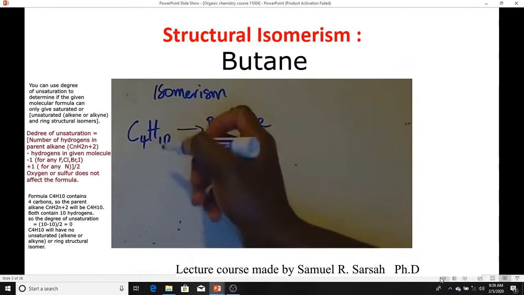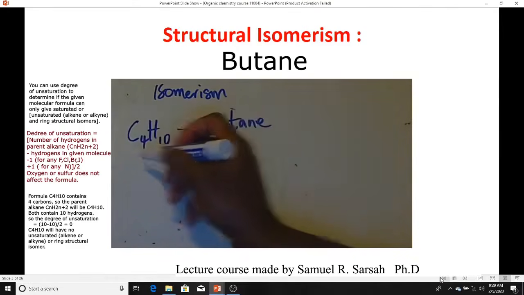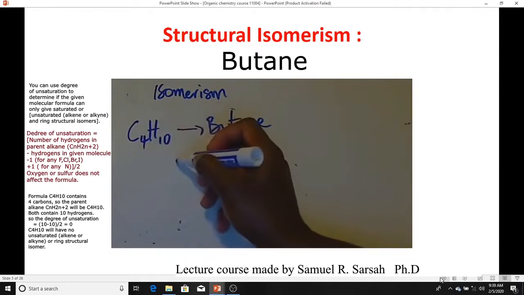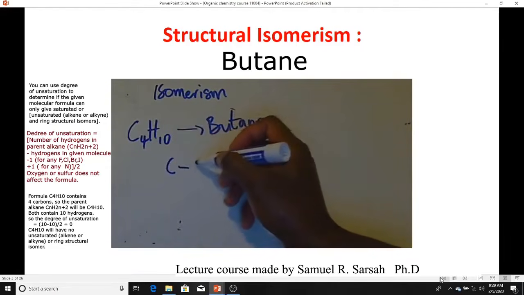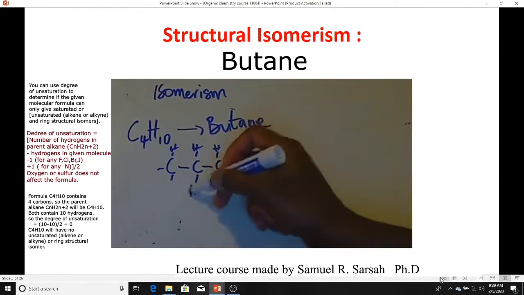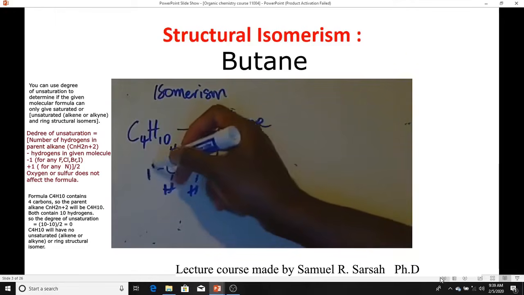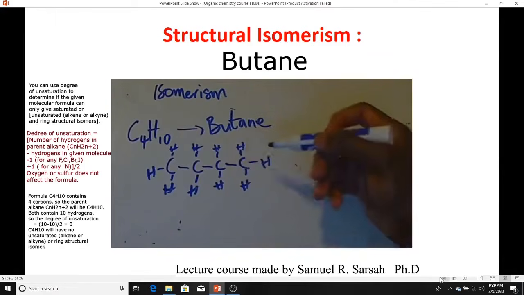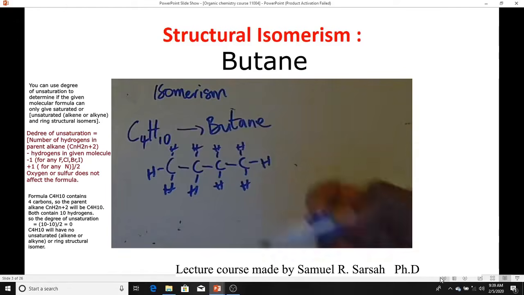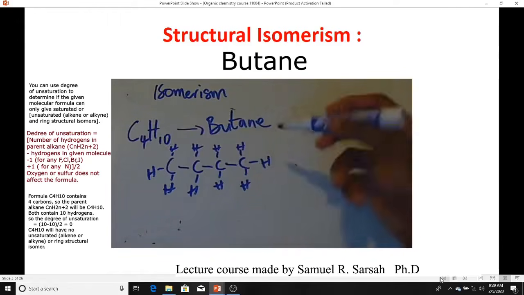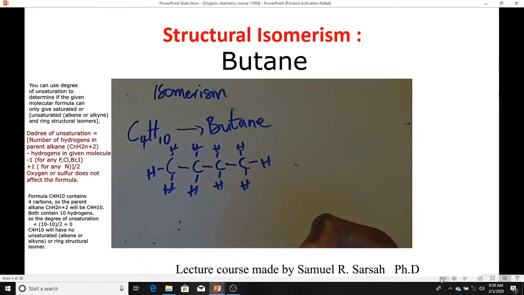So straight chain butane will look like this. Let me draw the structure. This is butane: 1, 2, 3, 4 carbons with 10 hydrogens.